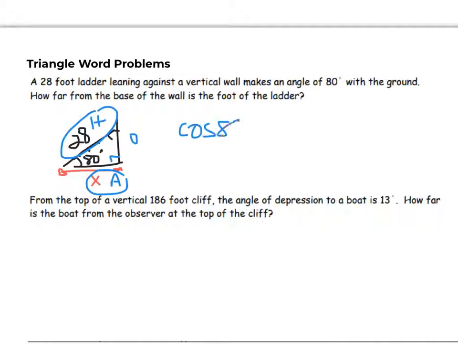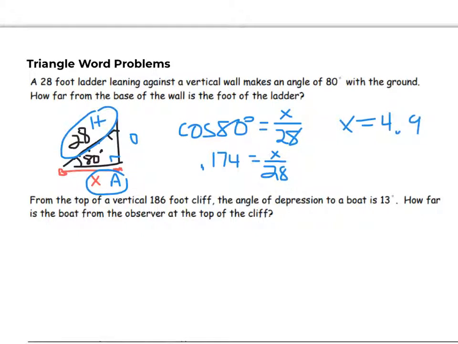Cosine of my angle, 80 degrees, equals A, which is X, over H, which is 28. And we solve that equation and get 0.174 equals X over 28. Multiply by the denominator, and I get that my distance from the wall is 4.9 feet.